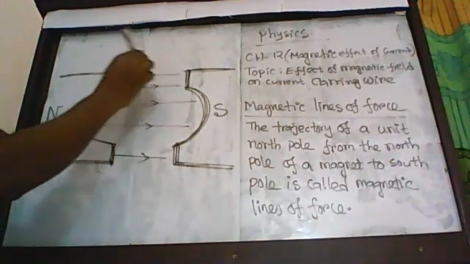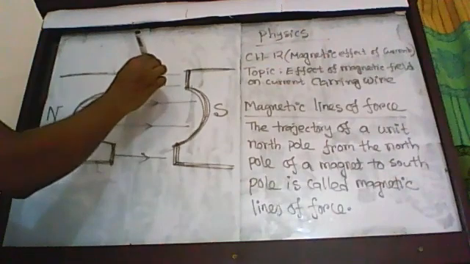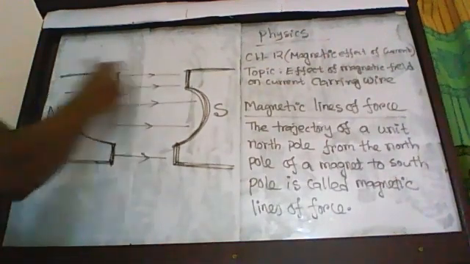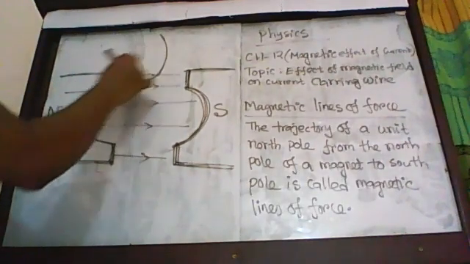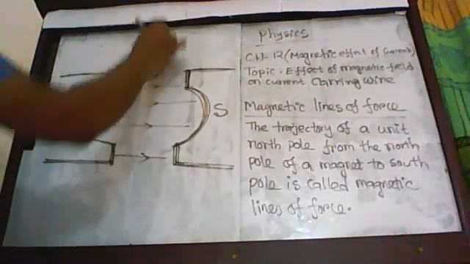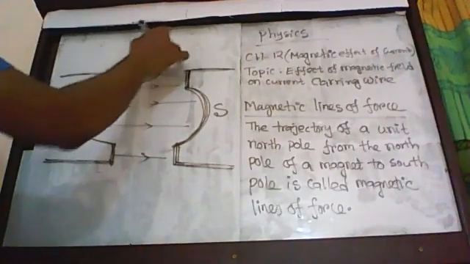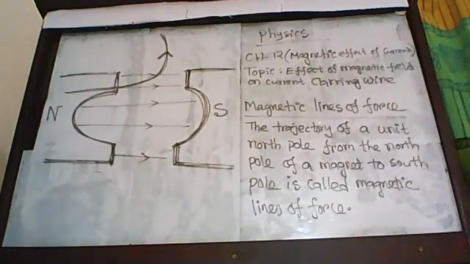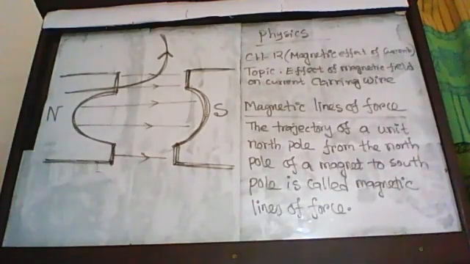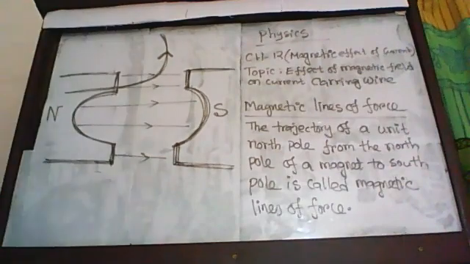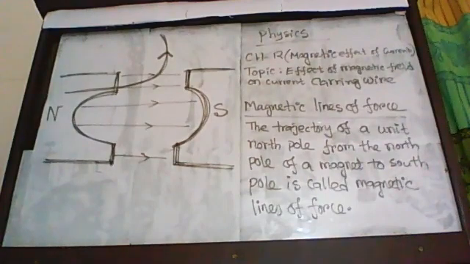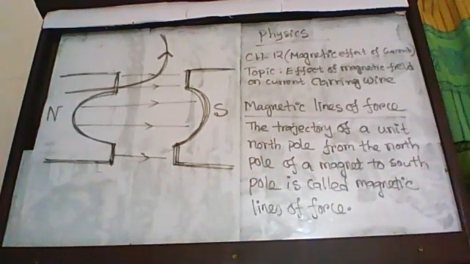If I want to put a current carrying wire at the upward direction, at this spot, and keep it perpendicularly, you know this current carrying wire also has its own magnetic field.